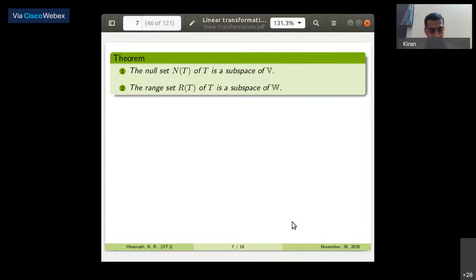That is, the null space inherits the algebraic structure of V, and R of T, that is the range of T, inherits the algebraic structure of W.